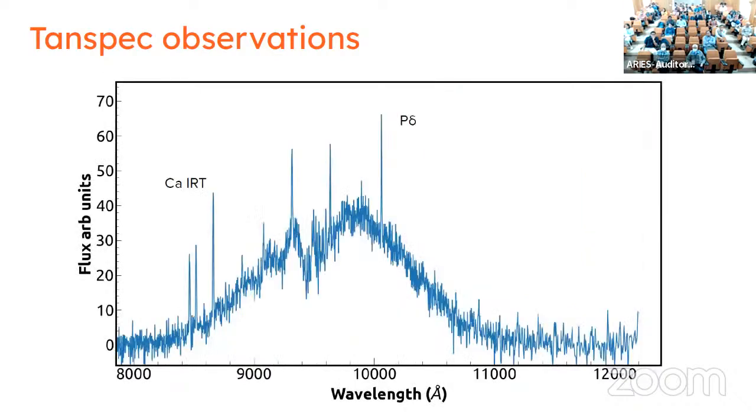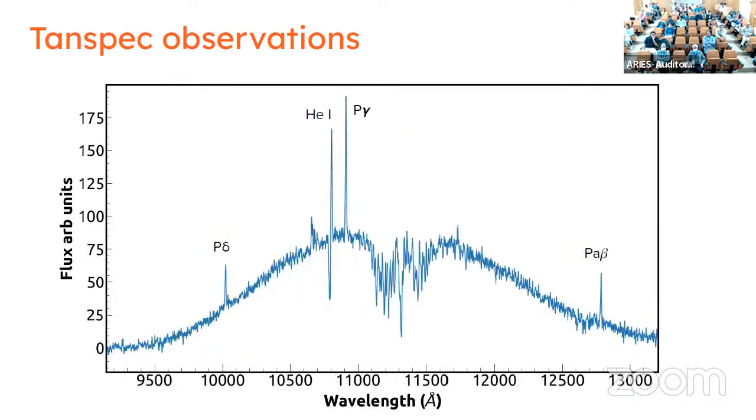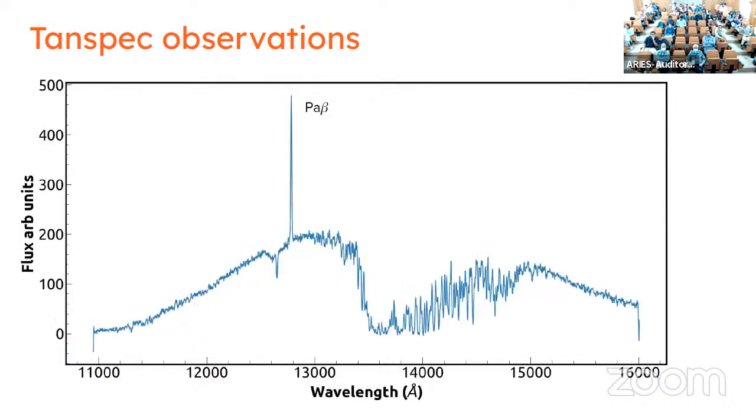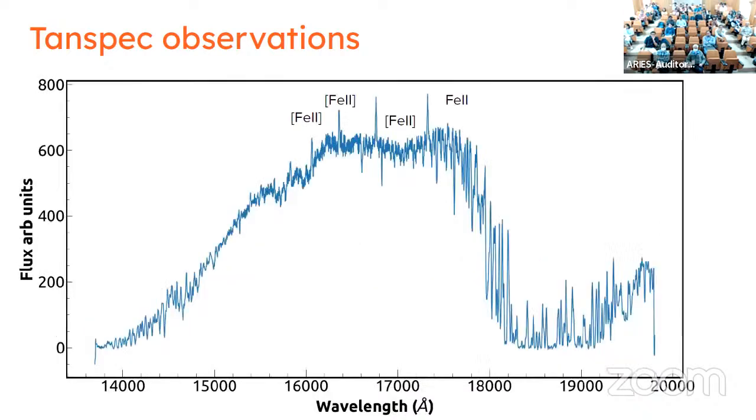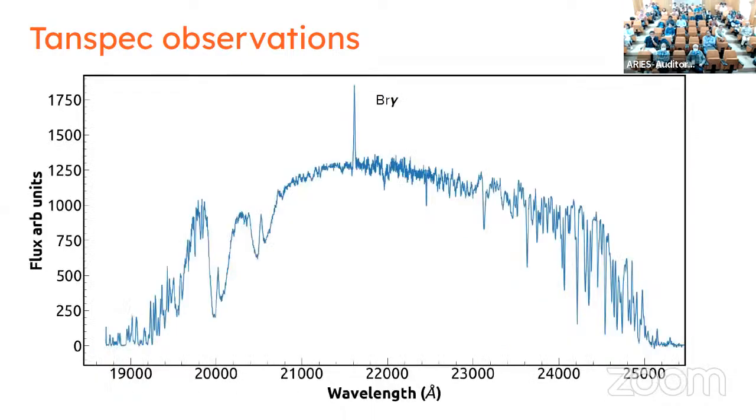We also see several other Paschen lines as well as the helium line, as well as Paschen delta, Paschen gamma, Paschen beta, as you can see as I'm going further. We also detect some of the forbidden iron lines in the H band. We also detect strong Brackett gamma from the source.